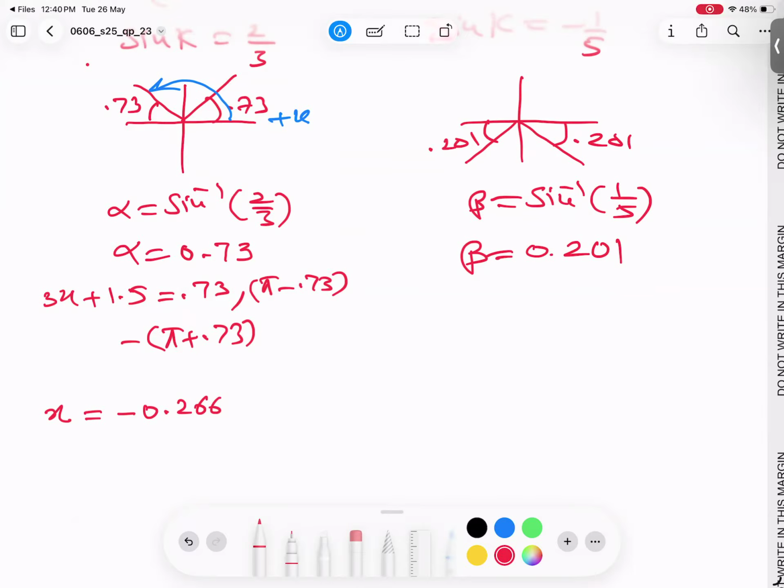Now I'm going for the next one, and the next one is what? Pi minus 0.73, which I talked about, minus 1.5 and divided by 3. I'm getting the second answer, positive 3.04. So I think this part is also clear. We have done it. Let me check once again.